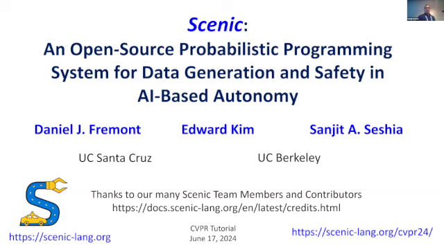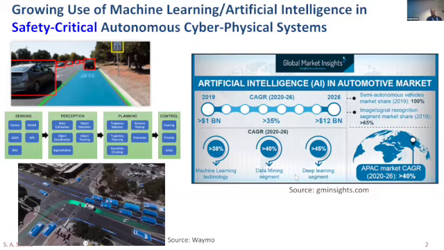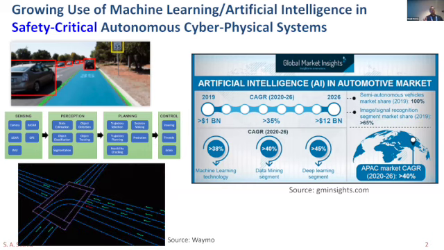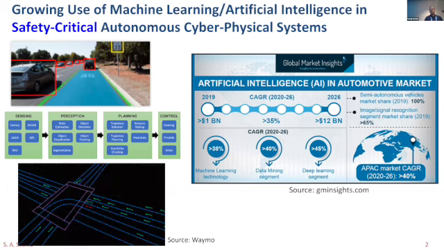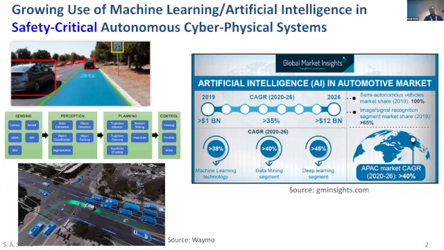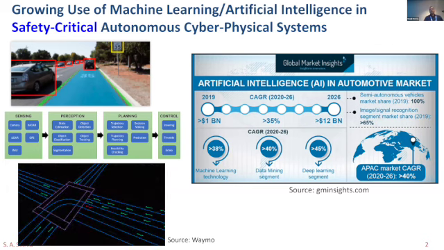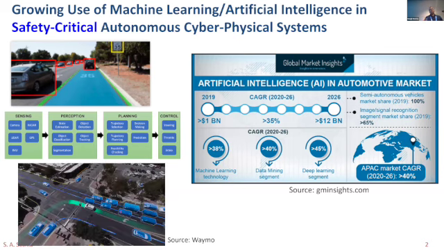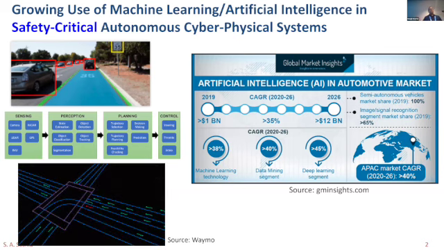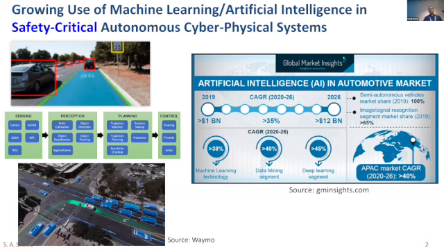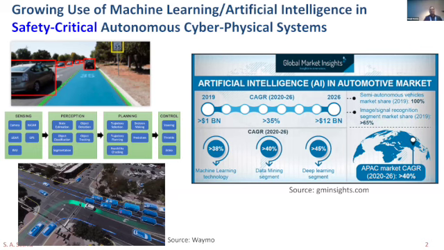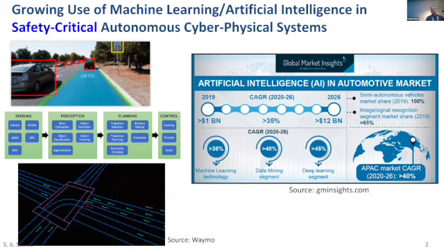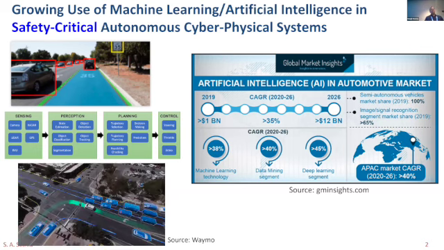The context for the Scenic project 7 odd years ago was that we saw that there was already a proliferation of machine learning and more broadly of AI in all kinds of autonomous and semi-autonomous systems, particularly those that are safety critical and operate in a cyber-physical context where computation is tightly integrated with the physical world. So autonomous vehicles, self-driving cars are a very popular and widely described example of this, but it is much broader than that.